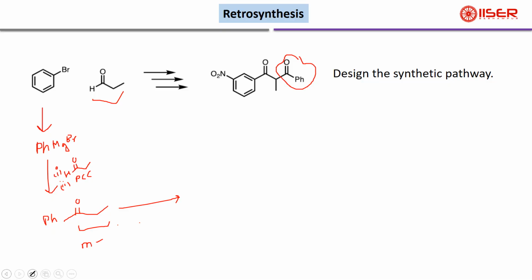Why do they enter ortho and para and why meta? For that you have to study electrophilic substitution of aromatic compounds. This is in Clayden, it's explained in a proper way. You can go and check it. So the ketone is a meta-directing group.